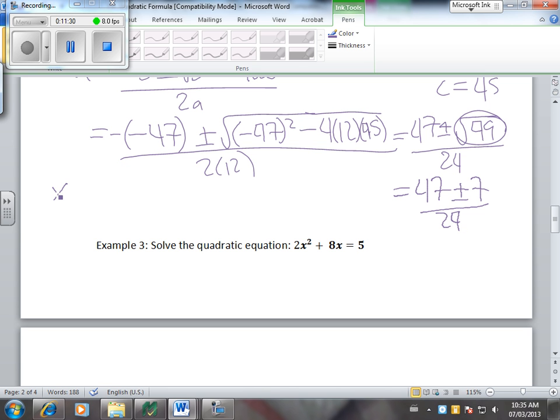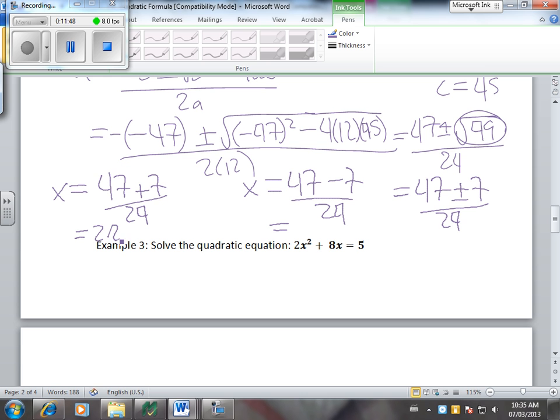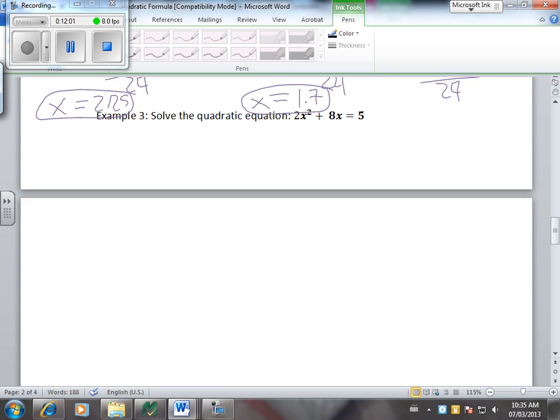When I do x equals 47 plus 7 over 24, and x equals 47 minus 7 over 24, I get that x equals 2.25 and x equals 1.7. Okay, so try the third one and then come back and I'll have written out the solution.